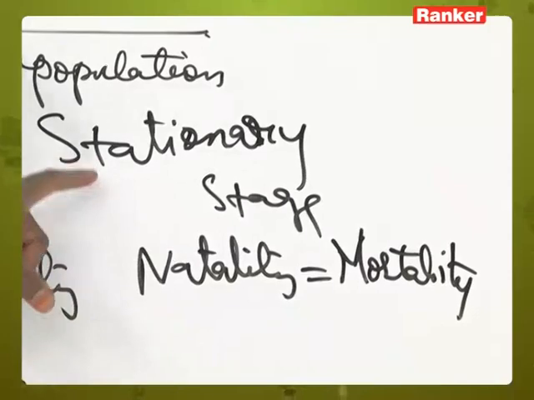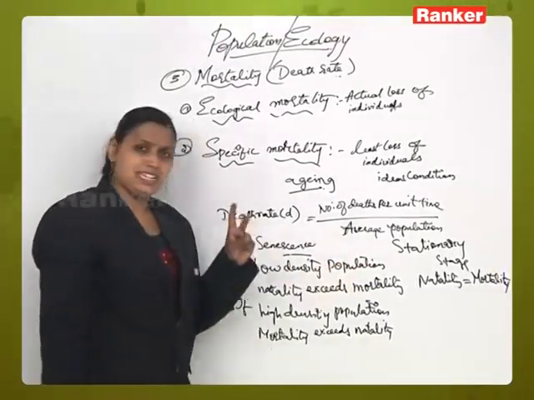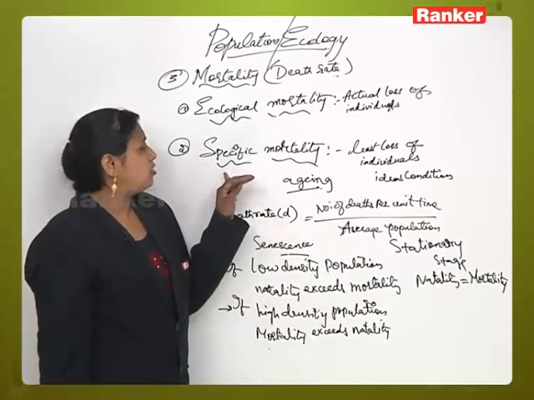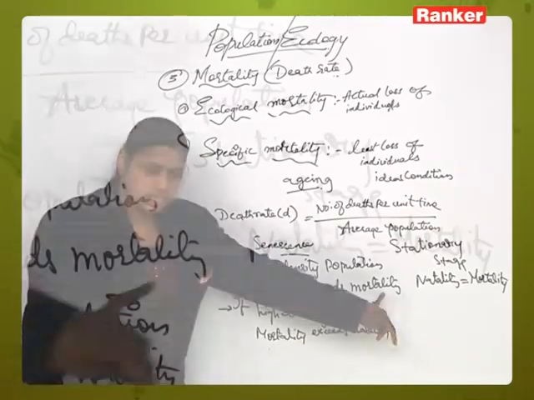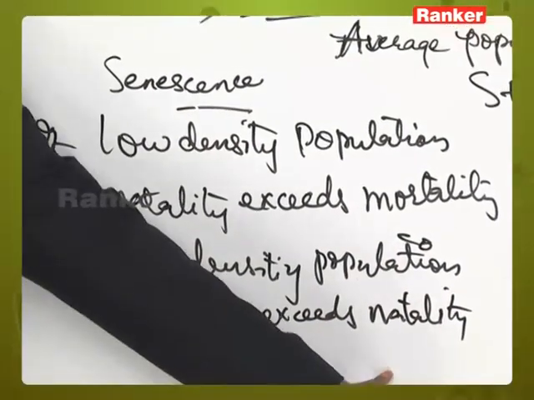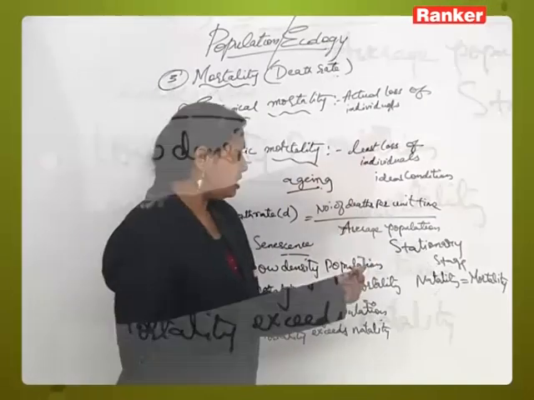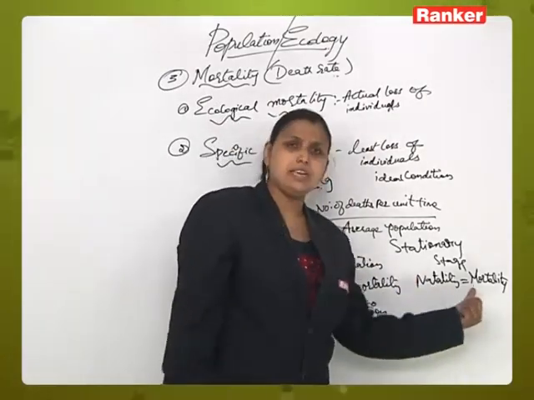So there are three stages here. On the basis of mortality, if there is a low density population, mortality will be less, and if it is a high density population, the mortality will be more than the natality. And there is one more, called stationary growth or stationary population, where the natality is equal to the mortality.